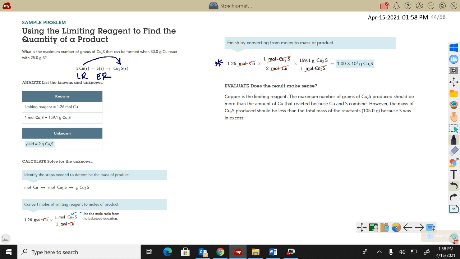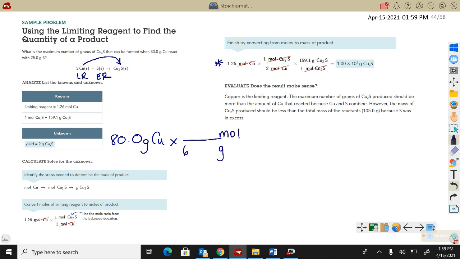Well, since you already have it in moles, you can take a little bit of a shortcut with your stoichiometry. I need moles anyway so that I can convert between copper and copper sulfide. To go back and use that 1.26 moles already calculated, it would have been set up as that 80.0 grams. But we didn't want it in grams, we needed it in moles.